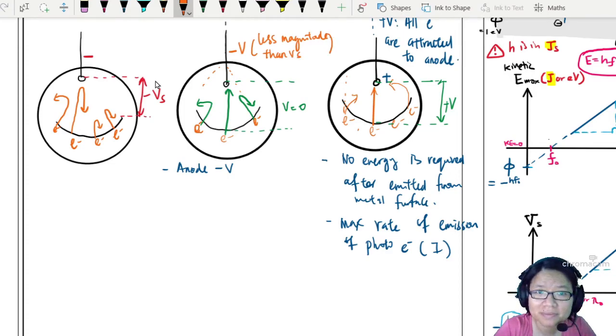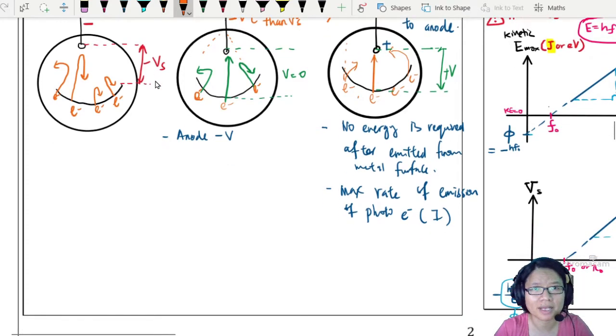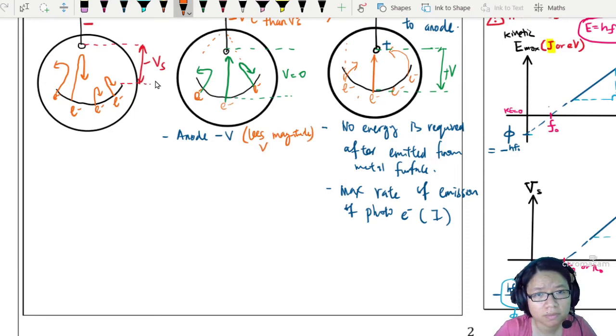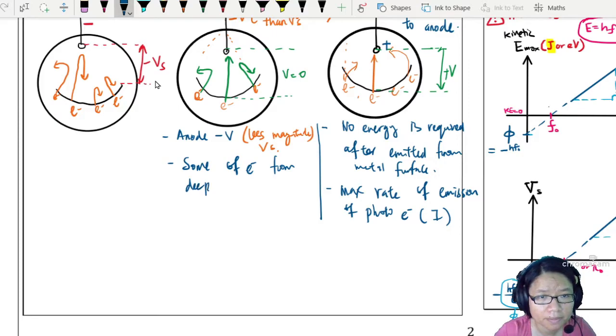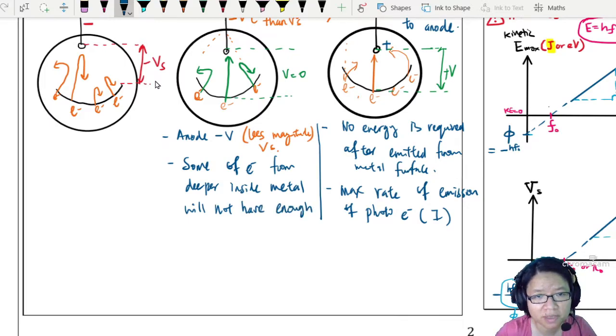So this is negative V, but less magnitude than Vs. So what will happen is some of the electrons from deeper inside the metal will not have enough, or sufficient, kinetic energy to arrive at the anode.